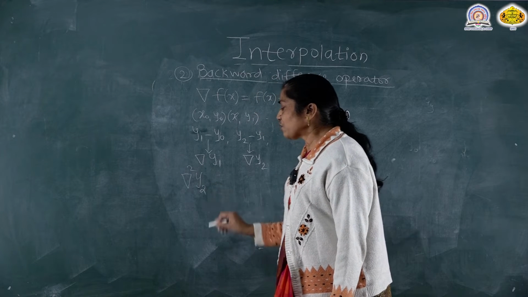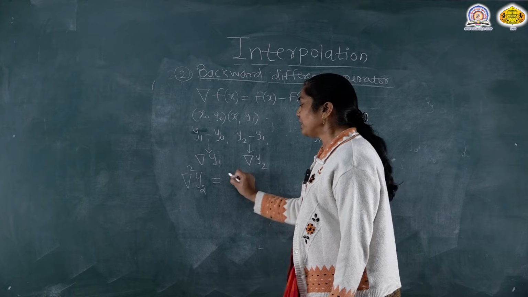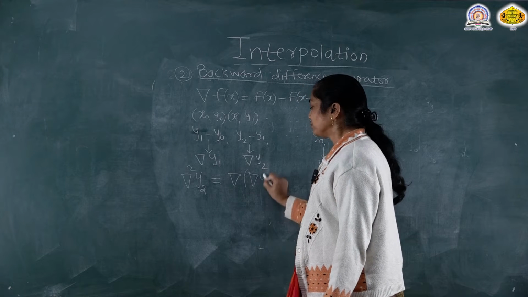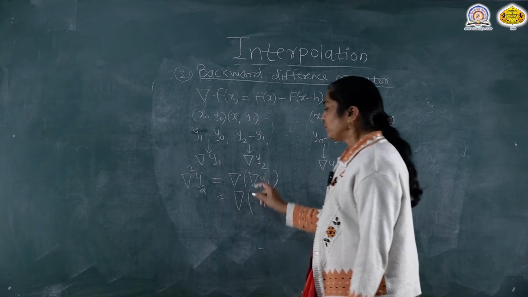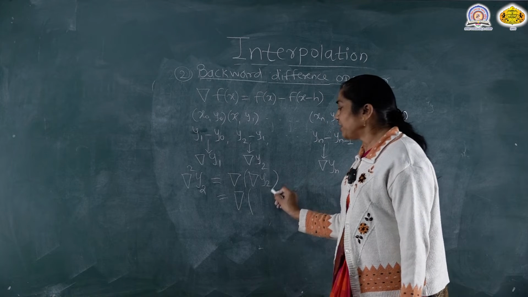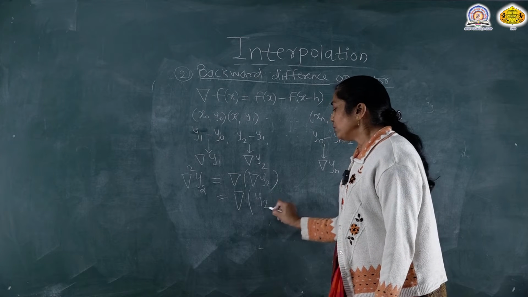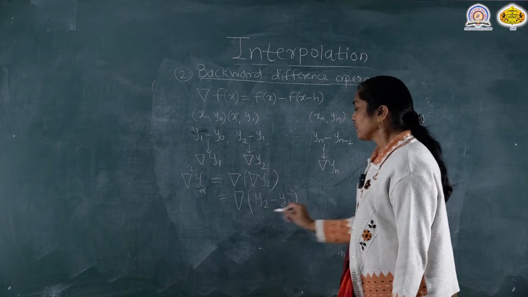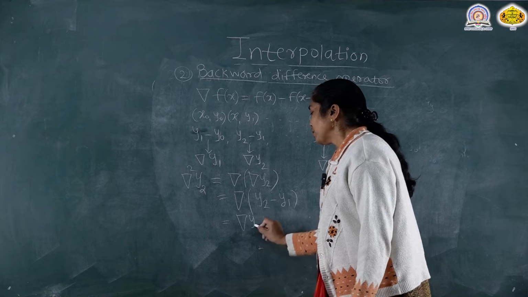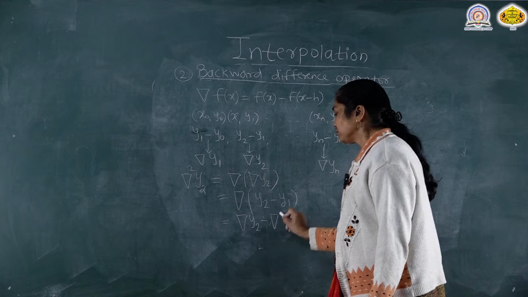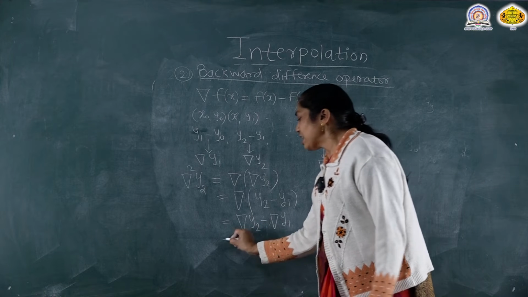If you want del square of y2, it is nothing but del of del y2. What is this? This is del of y2 minus y1. Now this becomes del y2 minus del y1. What is del y2?